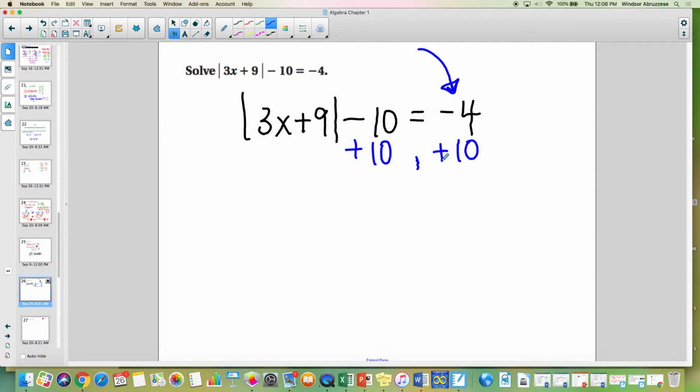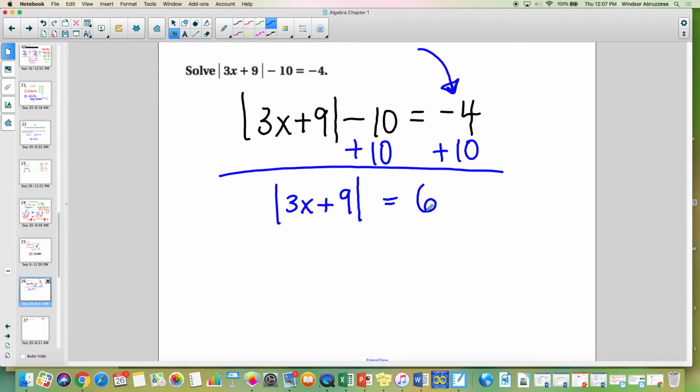I'm going to do that by adding 10 to both sides because I want to isolate the variable, but I need to isolate the absolute value brackets first. So now I'm left with the absolute value of 3x plus 9 equals negative 4 plus 10 is 6. So look here, now I'm back to a positive value, which is what I want. So just be careful whenever you see it equals a negative. Don't just throw no solution out as soon as you see it. You might have to do a little bit of work.